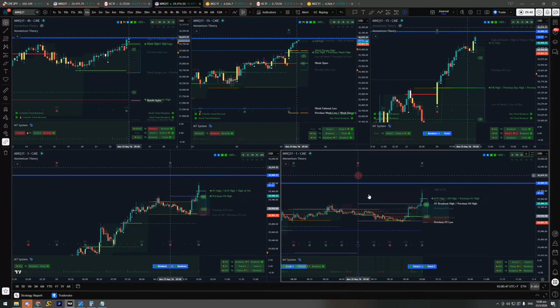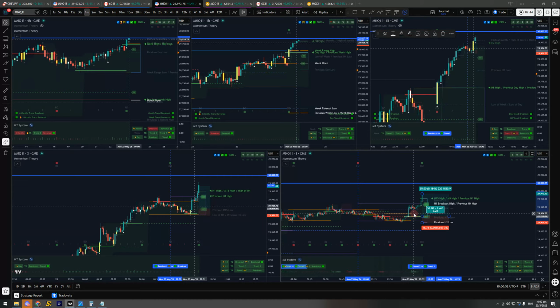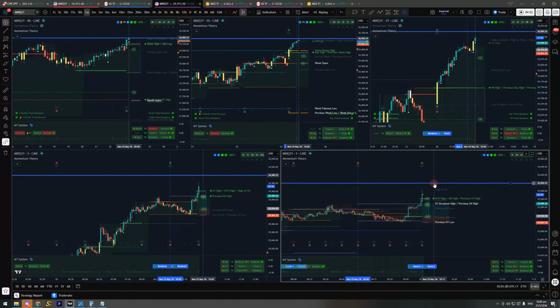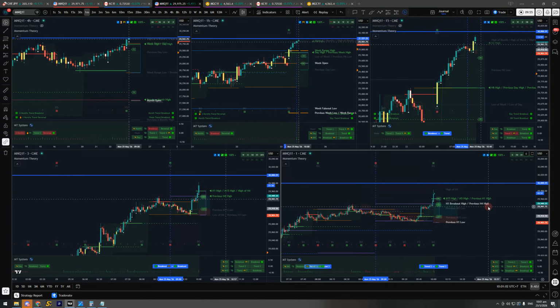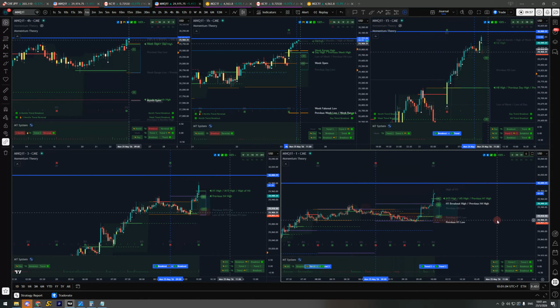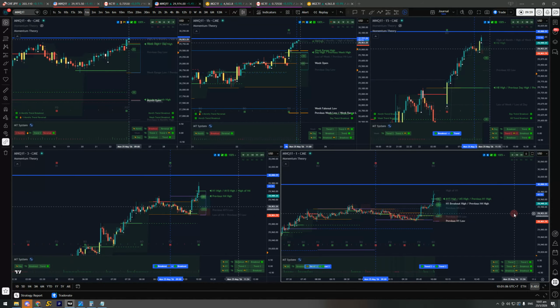I think at this point I would have exited if I decided to hold it, because I would be a bit wary of price touching that and then reversing. These are more psychological levels.